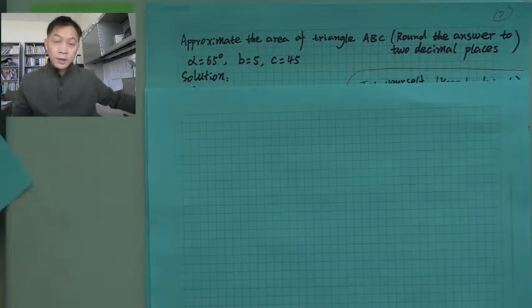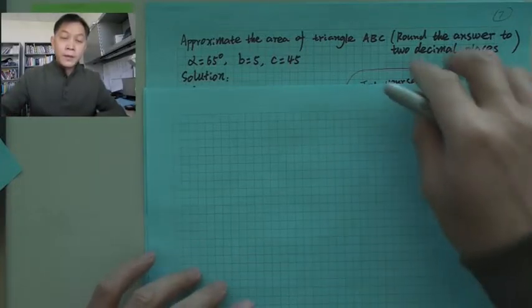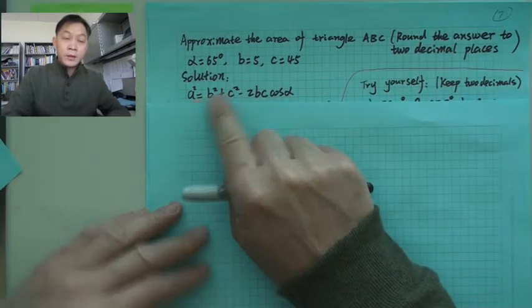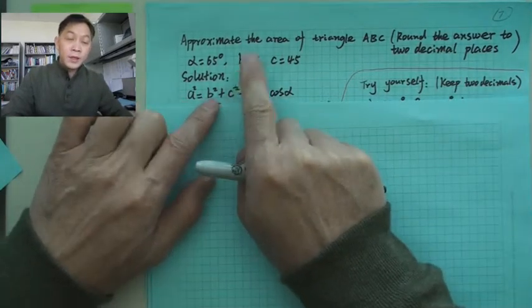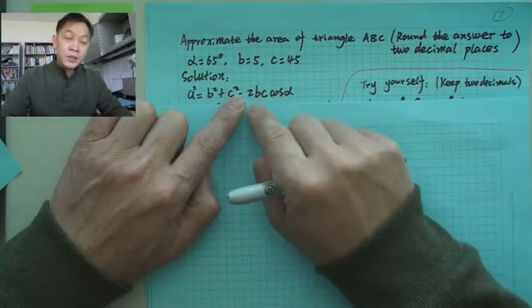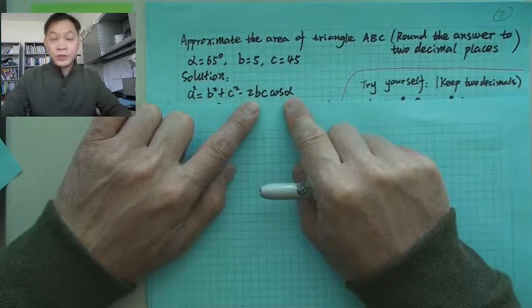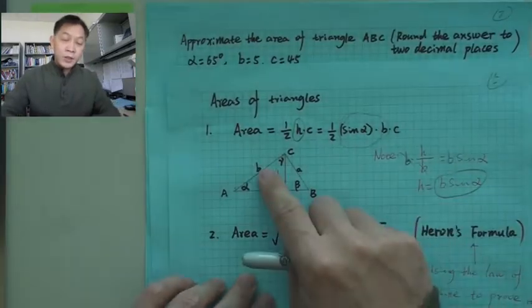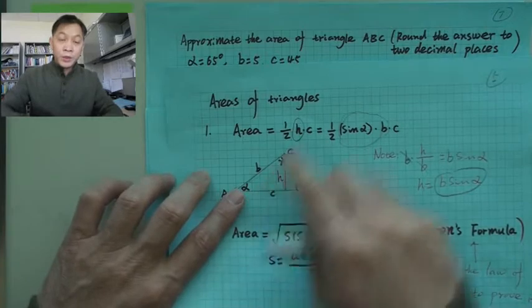A squared is B squared plus C squared minus 2BC times cosine 65 degrees.